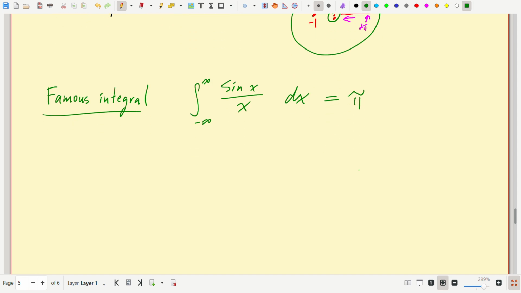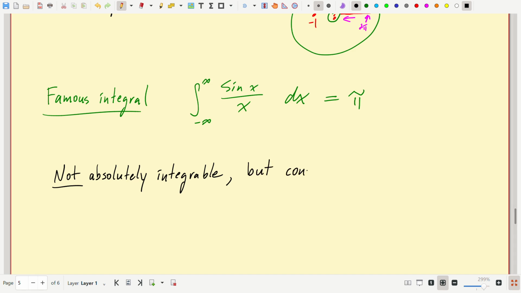This thing is not absolutely integrable, but it is conditionally convergent. And that's the word we used in freshman calculus. Conditionally convergent. And let's see why.